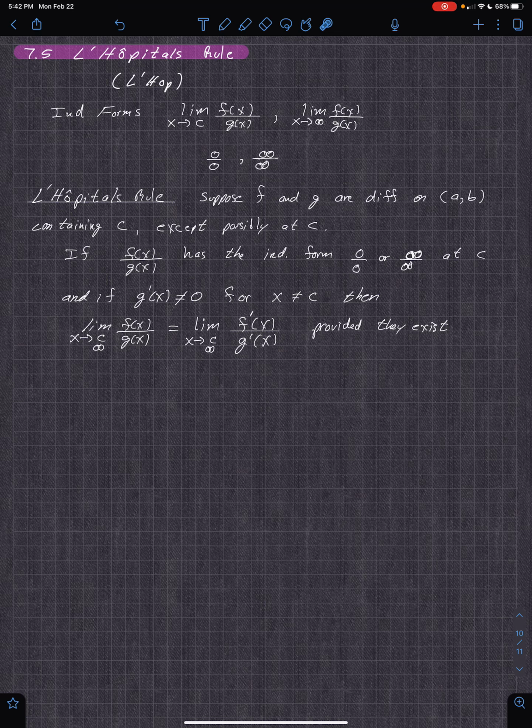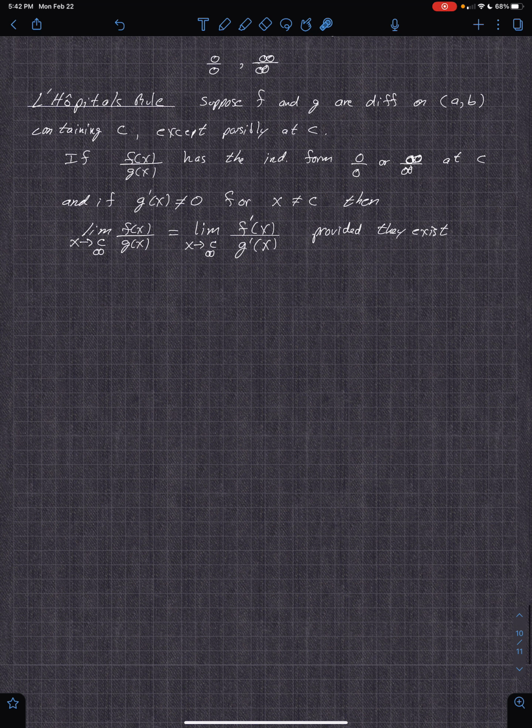You have two functions, and you're dividing by those two functions, and this is saying that those limits are equal. Okay, so we'll show why that is true, although it may not be totally clear at first, but we'll go through the proof at least. It uses some important other theorems. So let's look at some examples first.